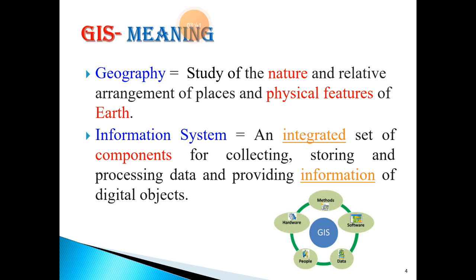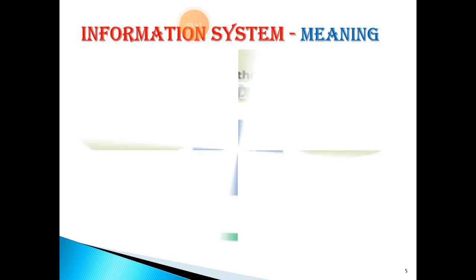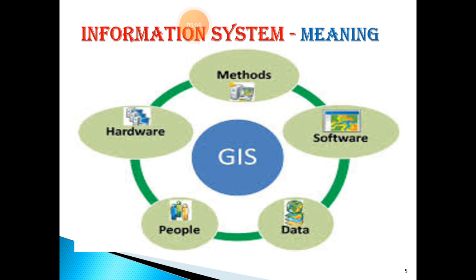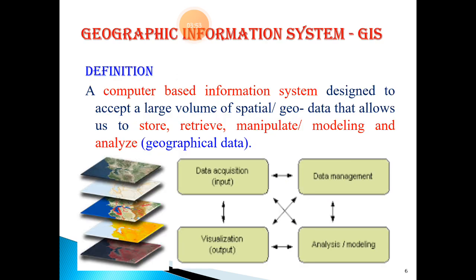Students, now if we combine both the terms geography and information system, it gives the definition of Geographic Information System together.